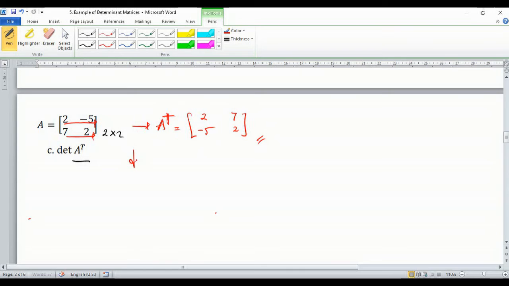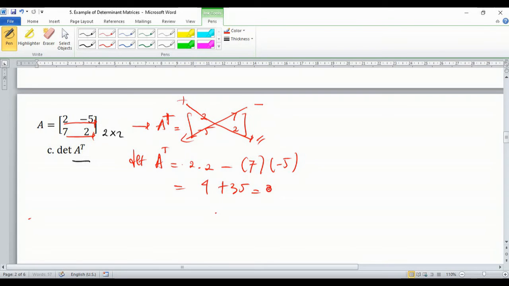You need to find the determinant A transpose. Remember that for the determinant 2 by 2, you start from the top left to bottom right with the positive symbol. So that's the meaning 2 times 2, from the top right to bottom left with the minus symbol, minus 7 times minus 5. So this value to be 4 plus 35.